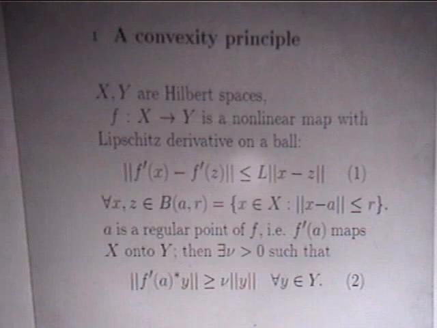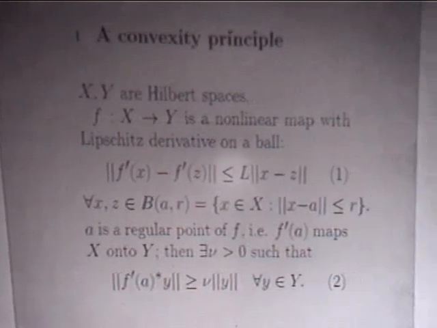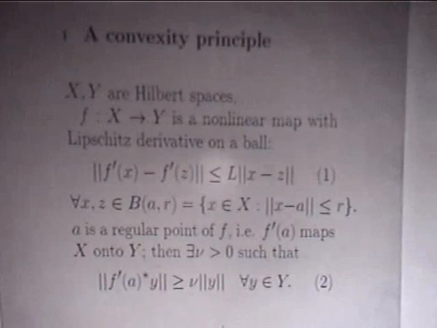That is, the linear operator, the derivative at this point, maps X onto Y. That's a surjection. So then it's well known that there exists some positive constant nu such that this condition holds, where star denotes the conjugate operator. Okay, so that's all.